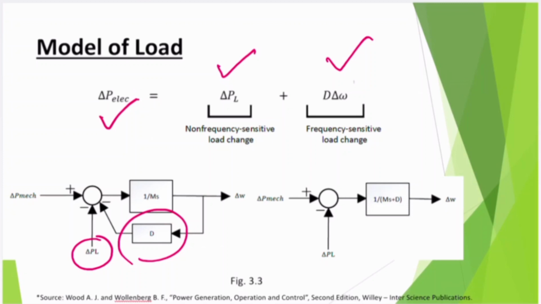Hence my original block diagram is now replaced with this. Now I can make it simpler, because as you can see, it is 1 upon Ms, and then there is D. You can combine these two blocks to get 1 upon Ms plus D. So my new block diagram will be delta P mechanical as a positive input, with a negative feedback of delta PL, and the output is delta omega, with a block of 1 upon Ms plus D. So this is the current position. Further, we will make it clearer with other variables.